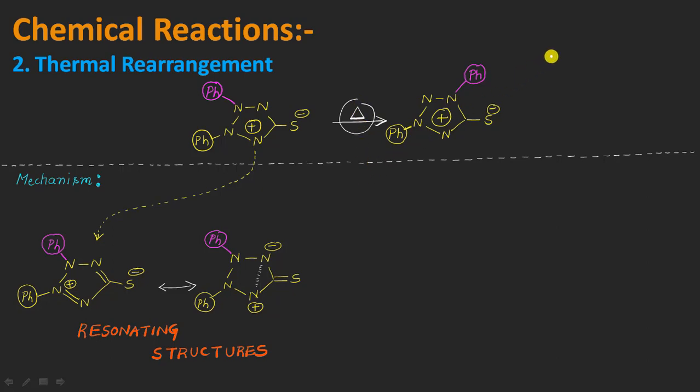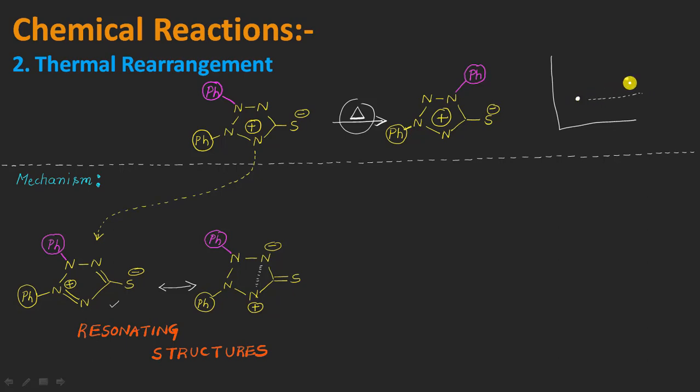So talking in terms of the energy level diagram, what is happening is that if here is present this resonating structure, I mean this one here, this three-membered structure intermediate will be present somewhere here, which will be having a high energy as compared to the starting material.